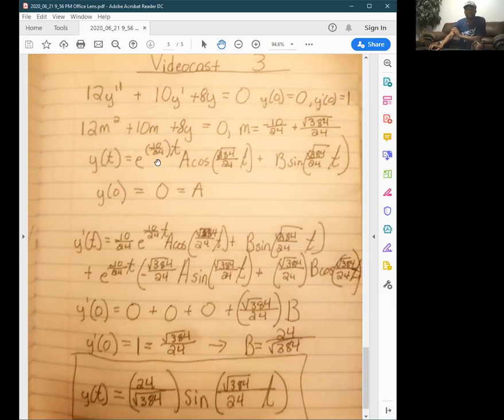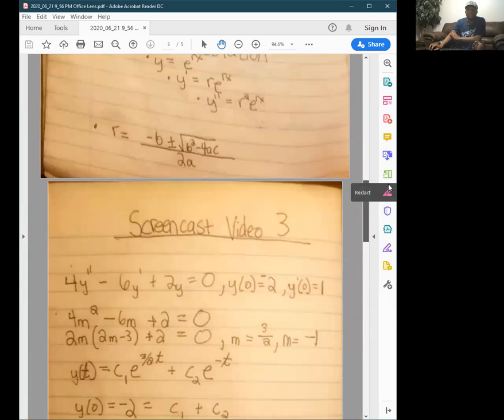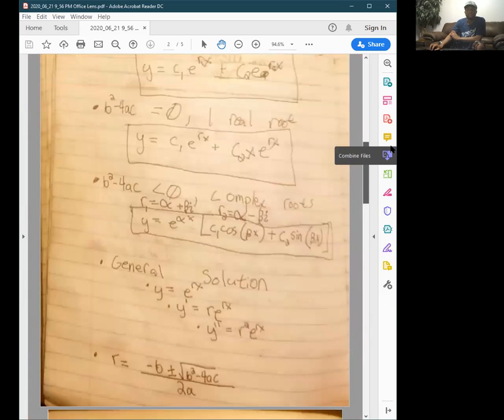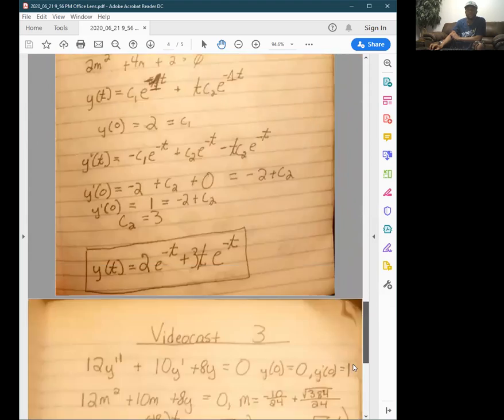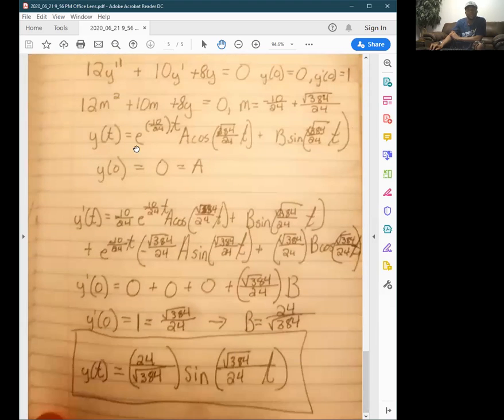So doing the same thing we did, we plug those into our formula for these complex roots, which is this one here. We end up getting y(t) is equal to e to the minus 10 over 24 t times a cosine of this plus b sine here.